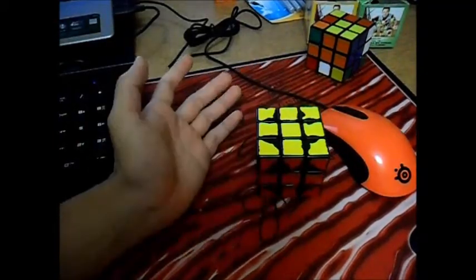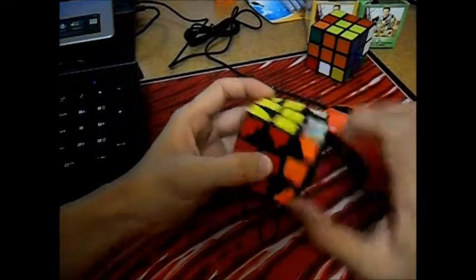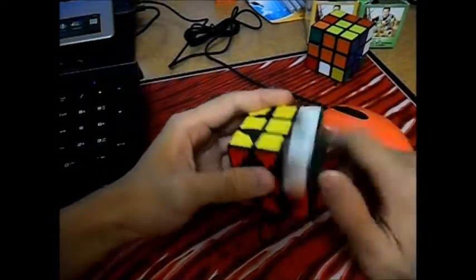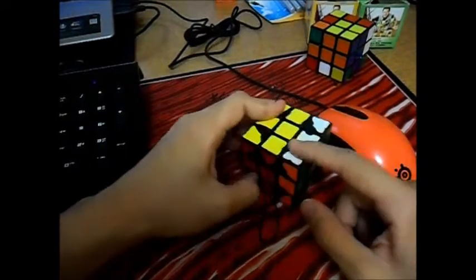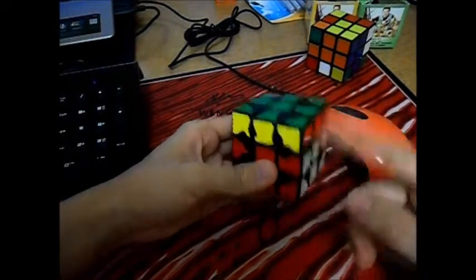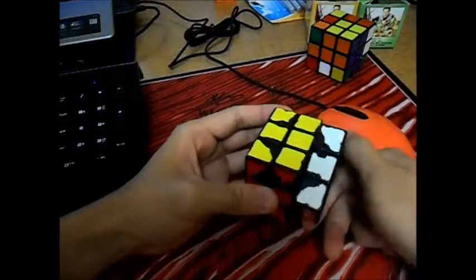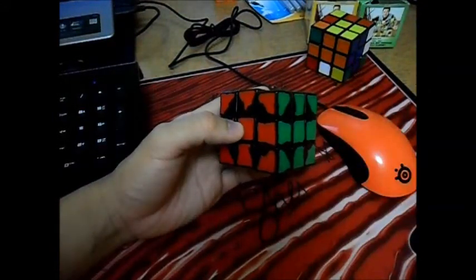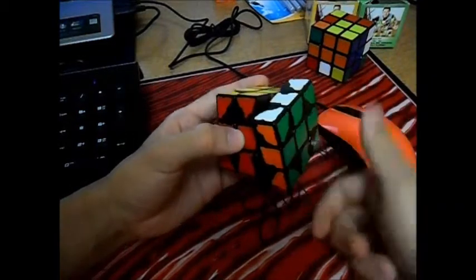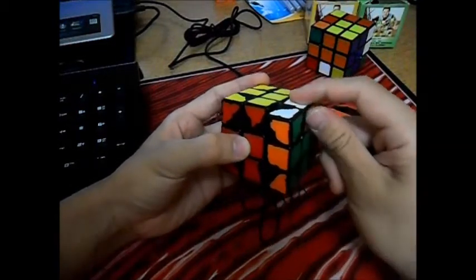One fundamental thing I would say is very important for everyone to know is, let's say you have this green cross piece here, and you want to put it in. So you're going to do an R2 to put it in. One thing everyone needs to keep in their mind is when you do an R2, you're not moving the green cross piece.